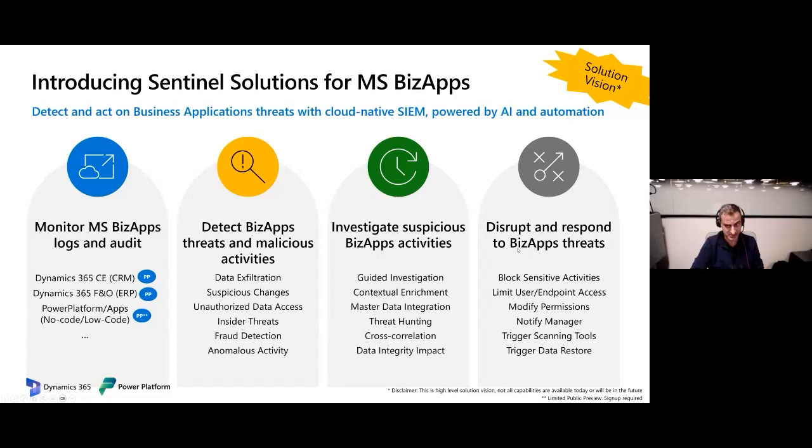And last, and especially not least, is closing the loop: disrupting and responding to business app related threats using the capabilities that we have in Sentinel as a SIEM. So things such as blocking sensitive activities once we discover that that's what the attacker is going to do, limiting user or endpoint access to the different workloads, modifying permissions, and so on. Those are the capabilities that we are looking at.